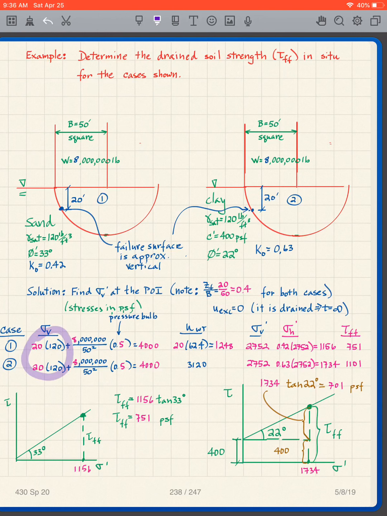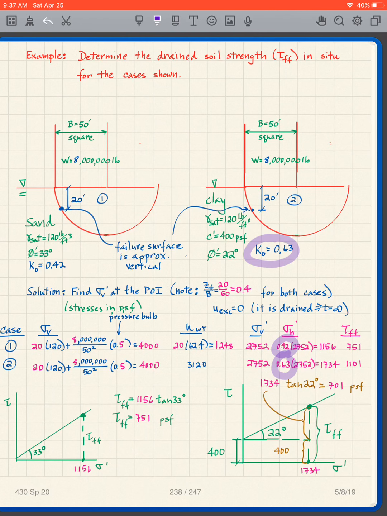It's 20 feet down, so I got the 20 times 120. I have the weight of the structure divided by the area of the structure. And now my pressure bulb factor in this case is 0.5, and I get a sigma V of 4,000 now. My U water table, as we all know, is 20 times 62.4. So I get a sigma V prime. I can get a sigma H prime by using the K0s.